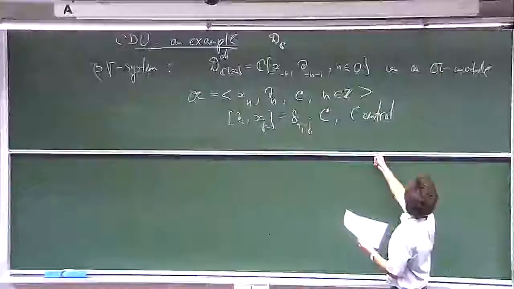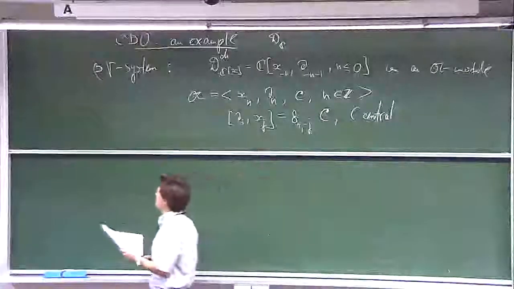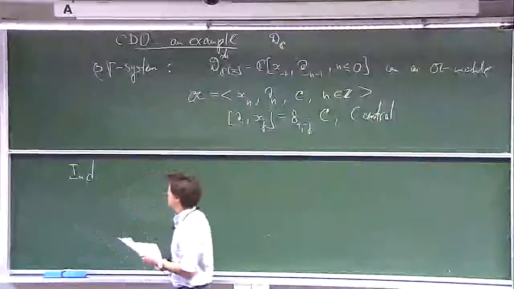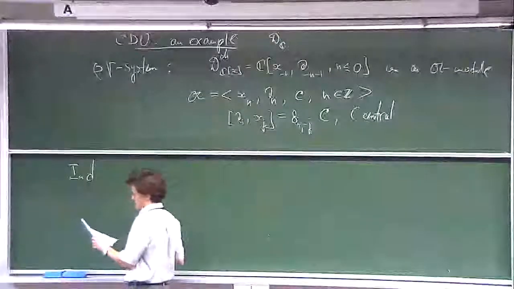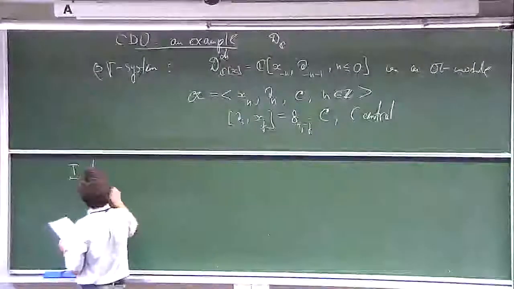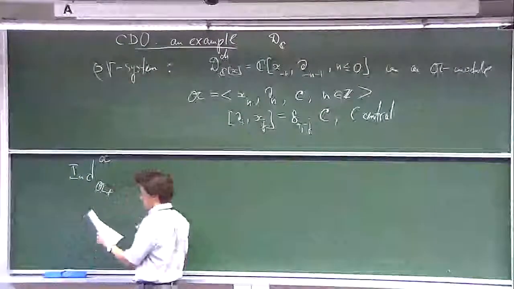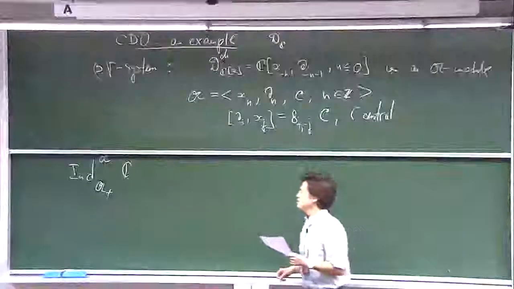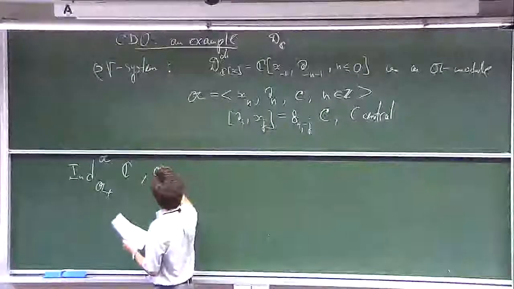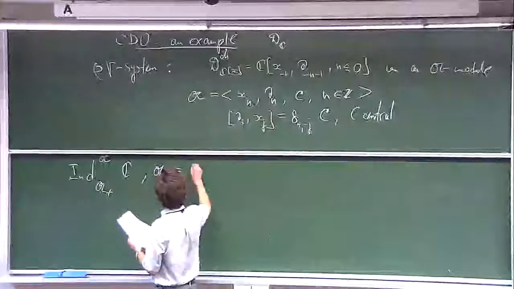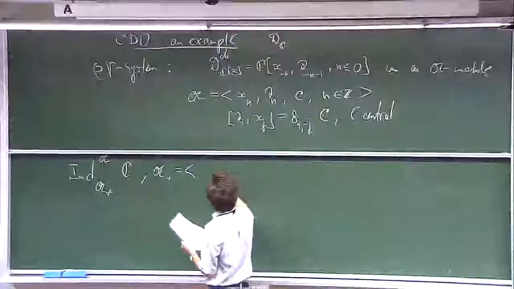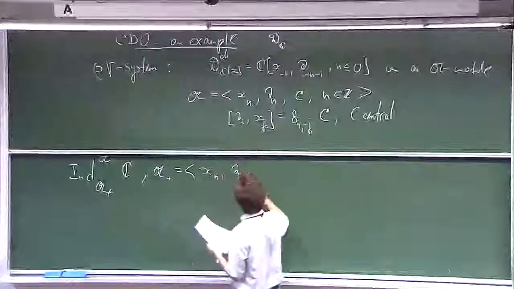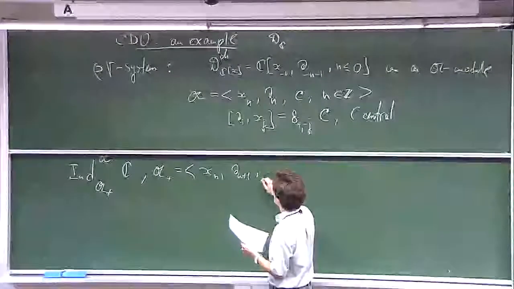I should give a more formal description, and then you will see what I wanted to say. So I will introduce the induced representation from A plus to A of the one-dimensional module, where A plus is a subalgebra spanned by x_n, d_{n+1} with n non-negative.